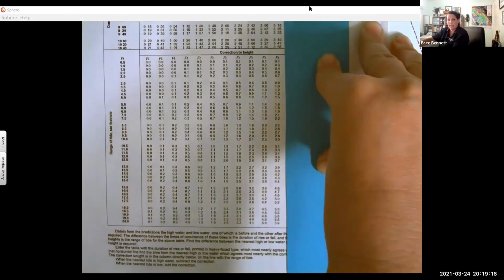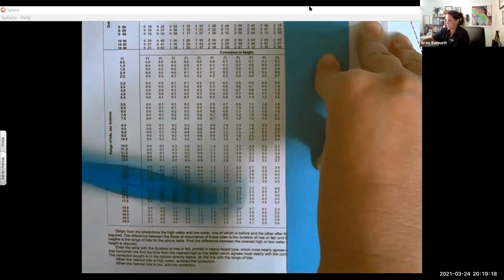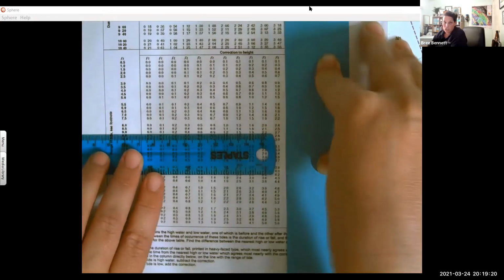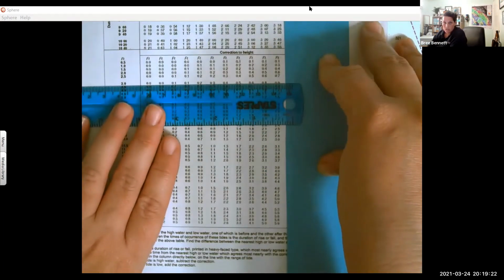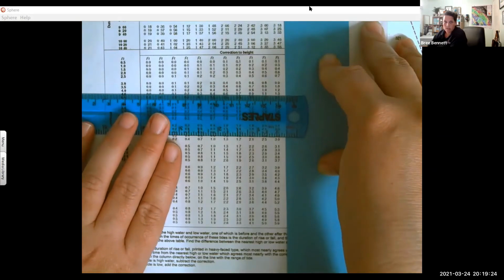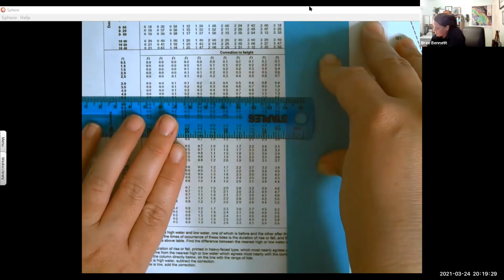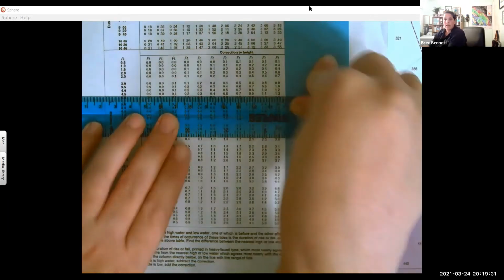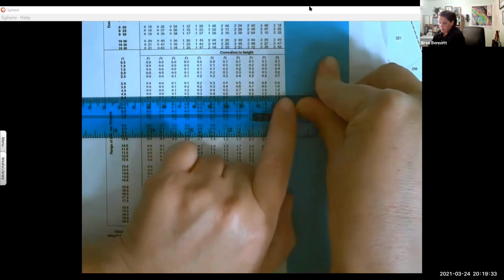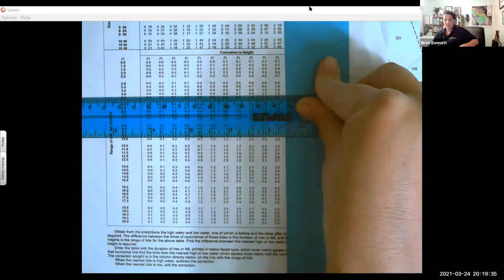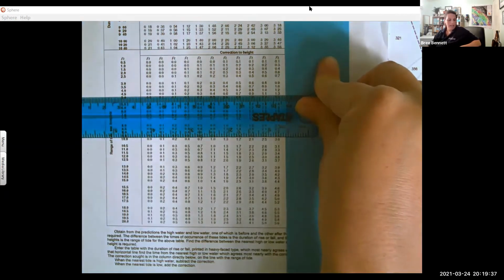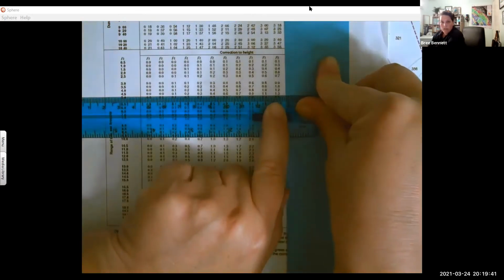So I'm going to find at the bottom of the chart my range, which was 4.4. So we'll go with 4.5. And I'll go to my column that I know I'm in. And I get a correction to height of 1.3.